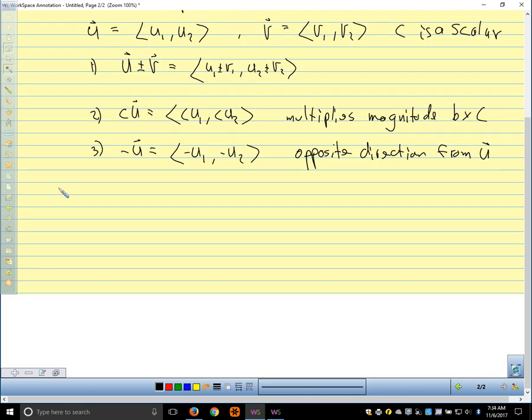We don't do much with vectors graphically, but I just want to remind you that graphically we add head to tail.